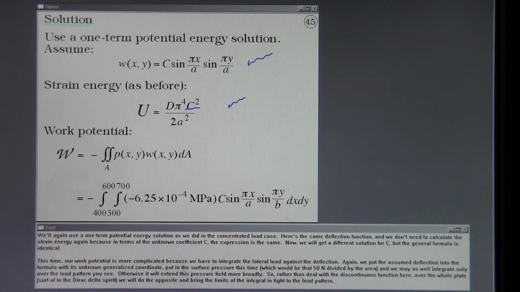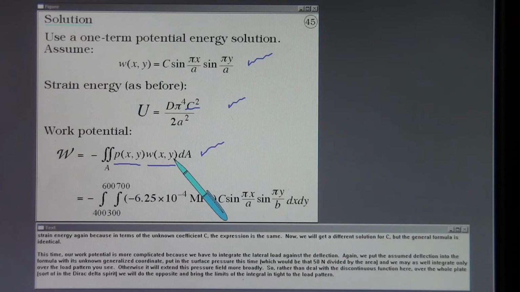This time, our work potential is more complicated because we have to integrate the lateral load against the deflection. Again, we put the assumed deflection into the formula with its unknown generalized coordinate. Put in the surface pressure this time, which would be that 50 newtons divided by the area.